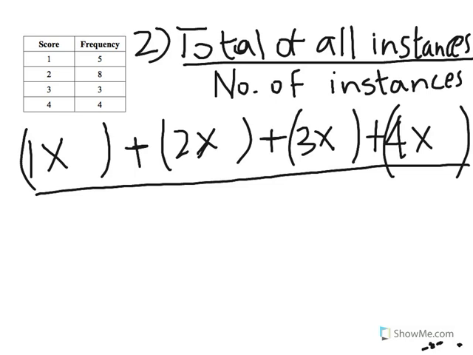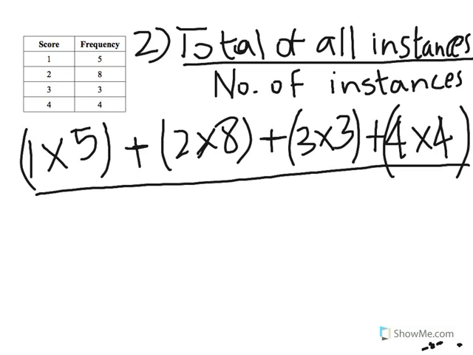So in this case, you're being asked to find the average score. Now, average score is just the total of all instances. So how do we do that? What we do is we multiply each score by the frequency, and we add them together to get the total. So in this case, it's 1 times 5, plus 2 times 8, plus 3 times 3, plus 4 times 4.